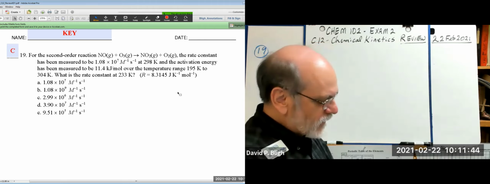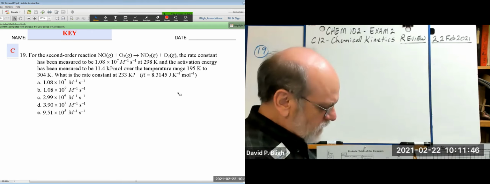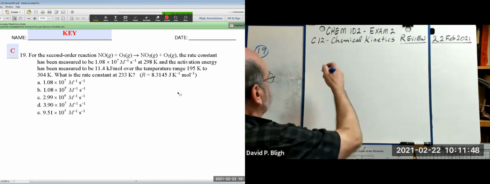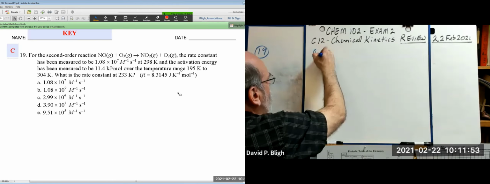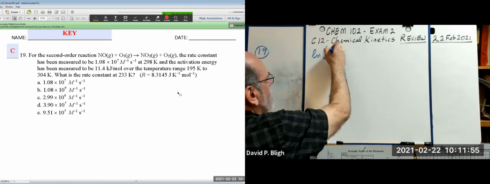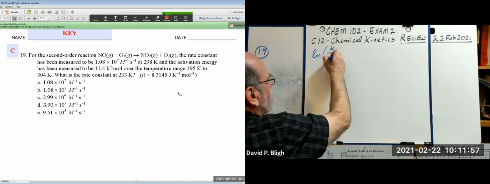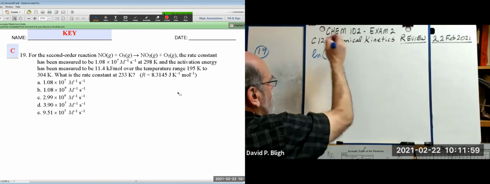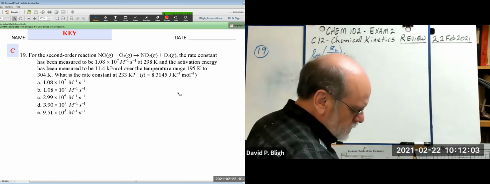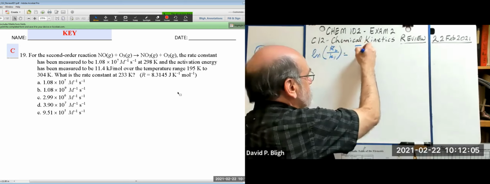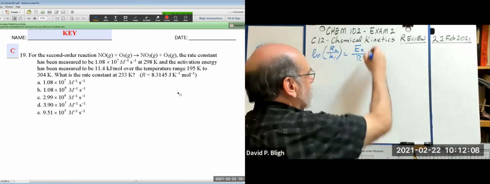Right? So the integrated version of the Arrhenius equation says that the natural log of K2 over K1 is equal to the activation energy divided by the gas constant.